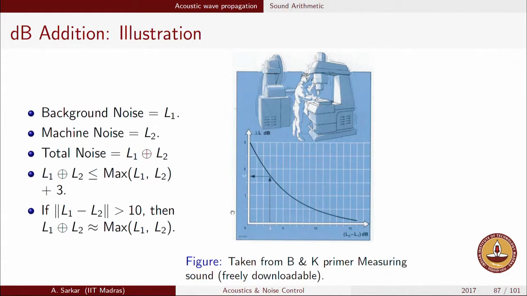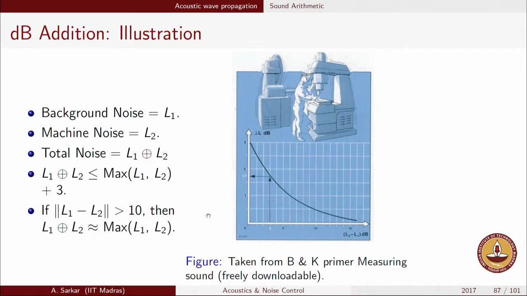Also, please note that this graph has a very sharp decaying characteristic. So, if L1 minus L2 is more than 10, you can see that there is hardly any addition that you need to make. At the level of 10 possibly you need to make a 0.5 addition, but at the level of 15 there is hardly any addition that you need to make.